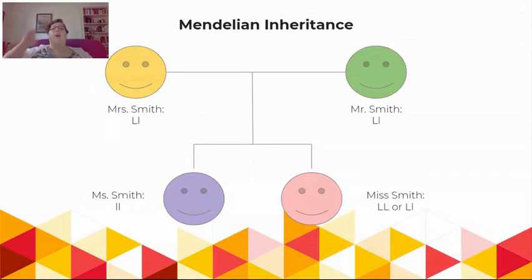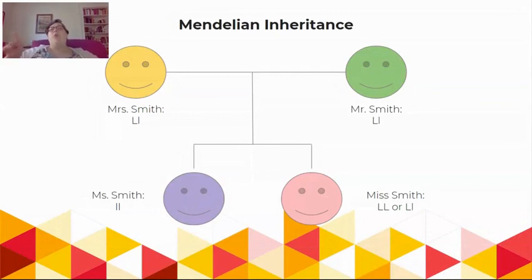And my mother inherited from her parents at least one dominant copy of that gene, because they were able to pass on those genes, because they had them, to my siblings. So both of my siblings must have at least one dominant copy of the gene.